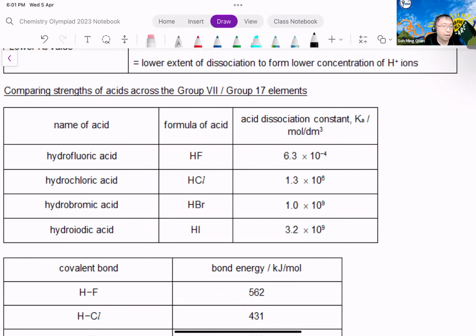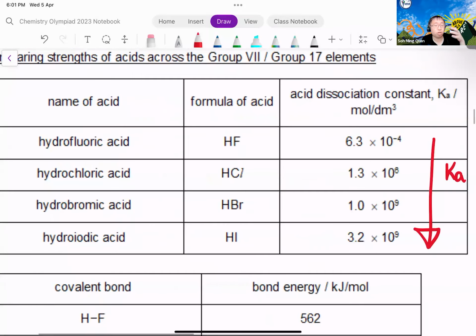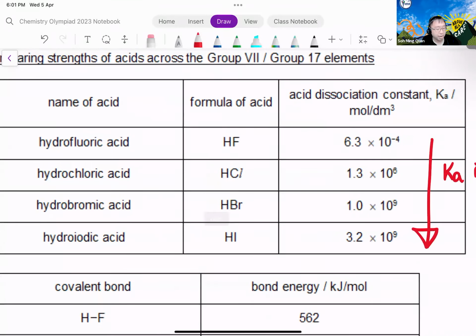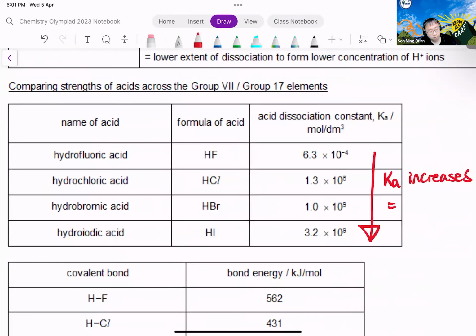If you look at the Ka values, you can clearly see as you go down group 17, the Ka increases. It goes from 10 to the power of -4 to 10 to the power of 6, 10 to the power of 9. So you can see that Ka increases, meaning the acid becomes stronger down group 17.